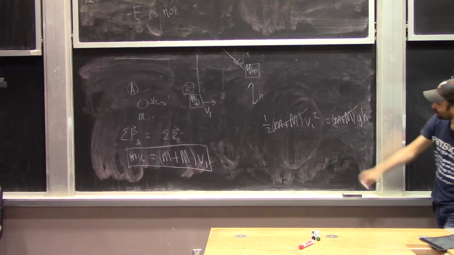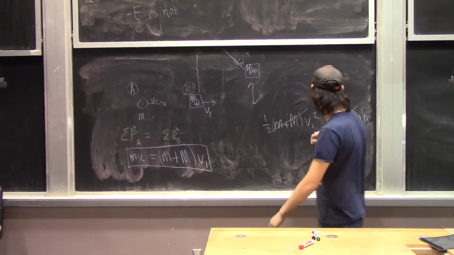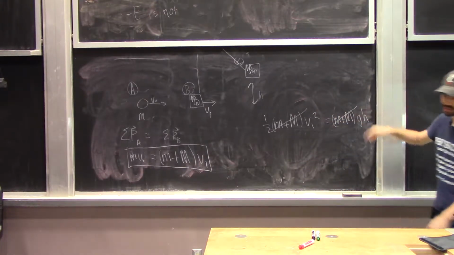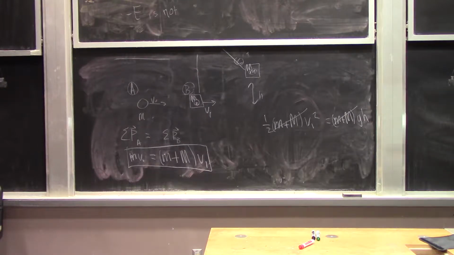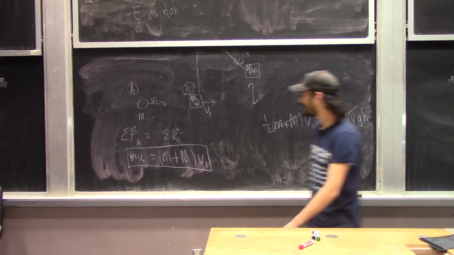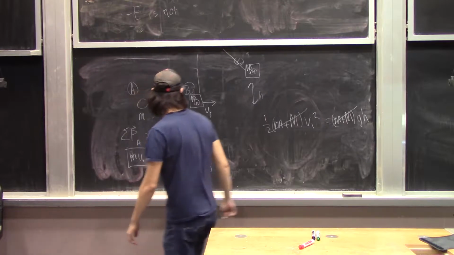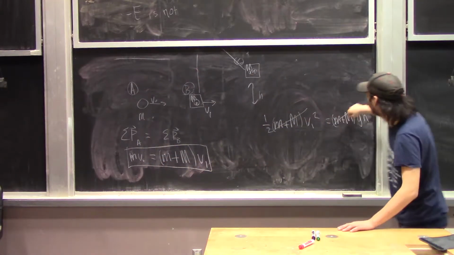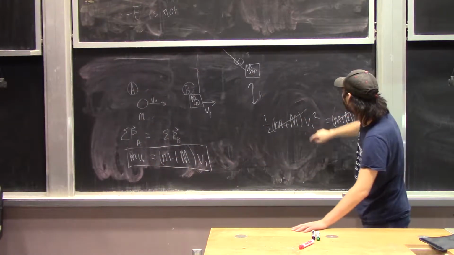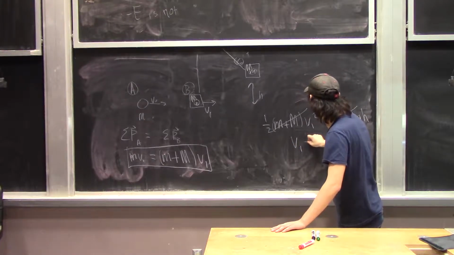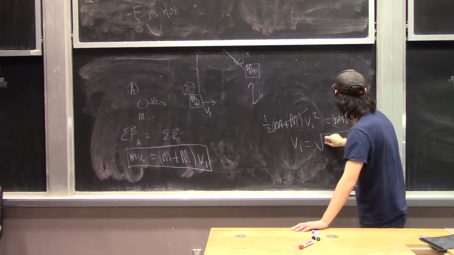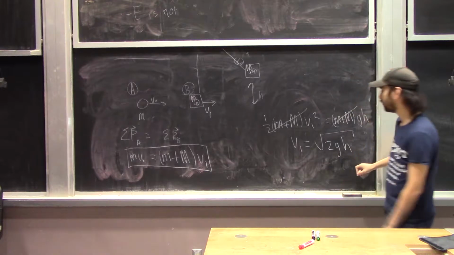What we'd like to do from this equation is solve for what the velocity is, because what we really know is the height, and we're trying to get from this height back to this initial velocity v0. So from this equation, we can rearrange to solve for this velocity v1. We end up seeing that v1 is going to be equal to the square root of 2gh.